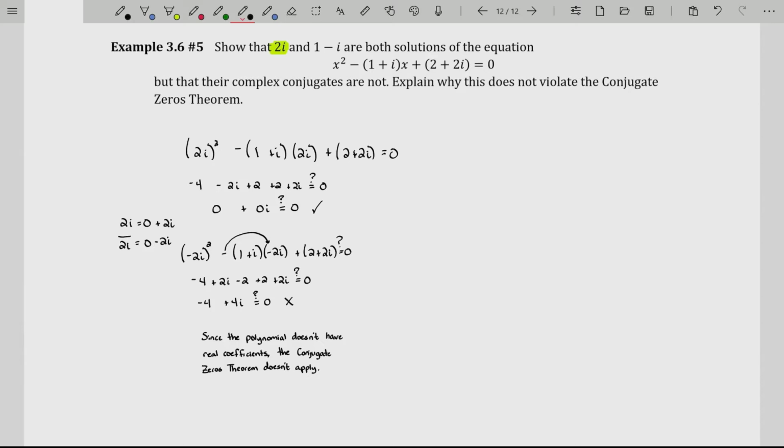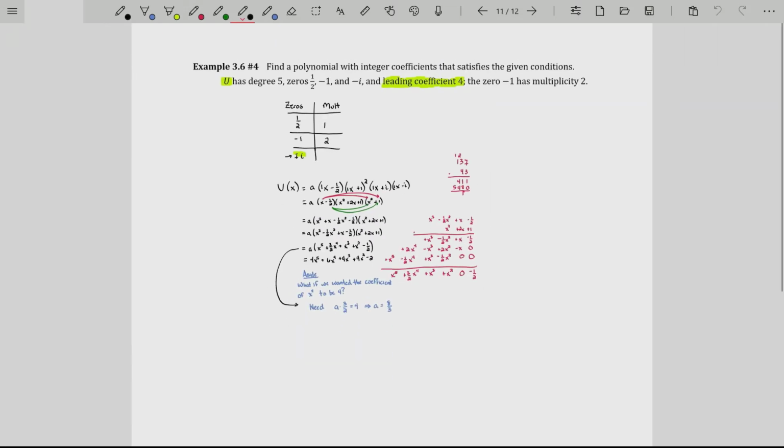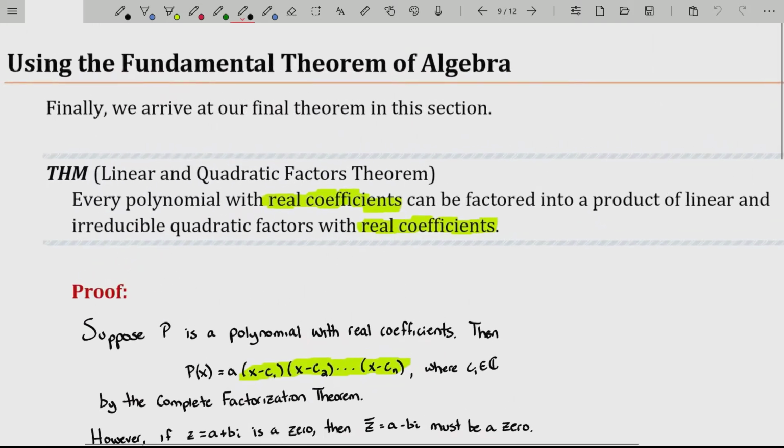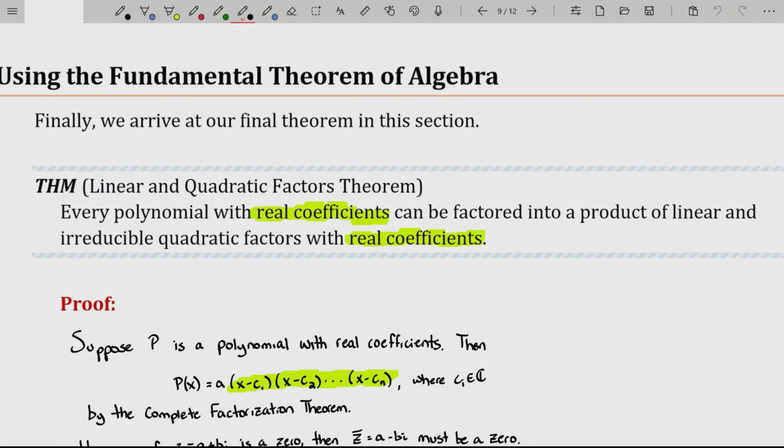And the punchline is this, basically. Given any polynomial, you should be able to factor it completely over the real numbers into a product of linear and irreducible quadratic factors. And again, that's because of the theorem we started with in this video. That's kind of the punchline of everything.